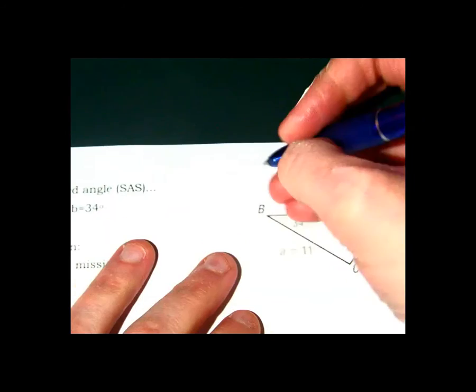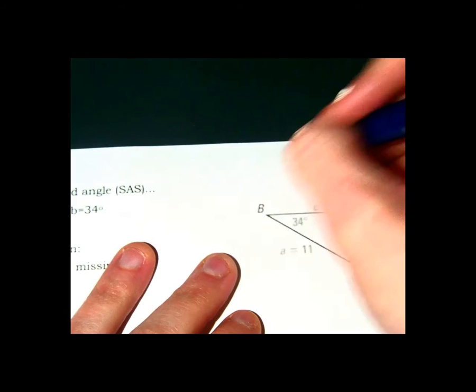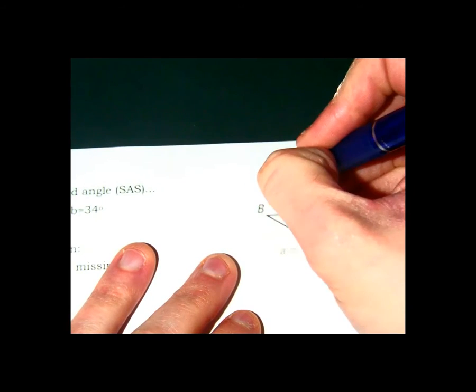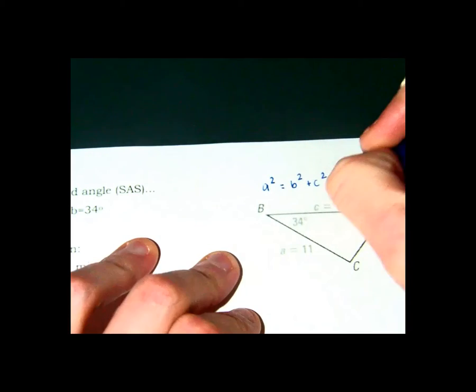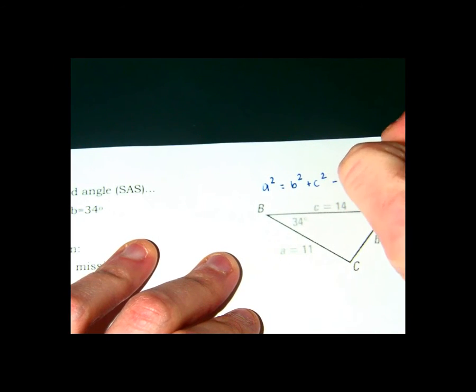So I'm going to look over here. The law of cosines is, I might have to close that window so you can see this. A squared equals b squared plus c squared minus 2bc cosine of a.